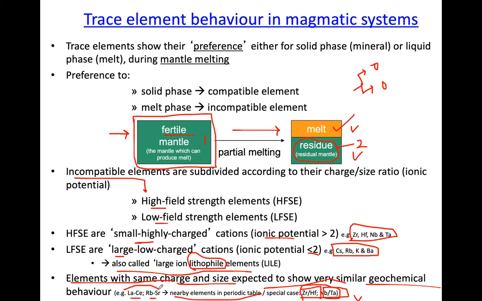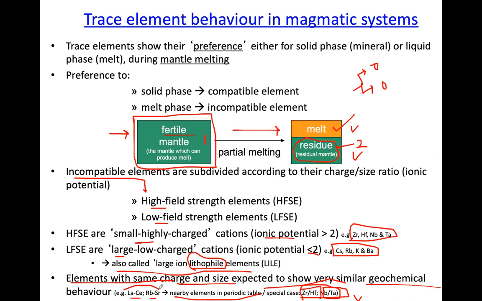When we want to draw some geochemical diagrams, we prefer to take these elements because they should show similar geochemical patterns, so that it reflects in diagrams, probably in both the x-axis and y-axis, if one element is increasing its composition while the other one is also showing the increase.